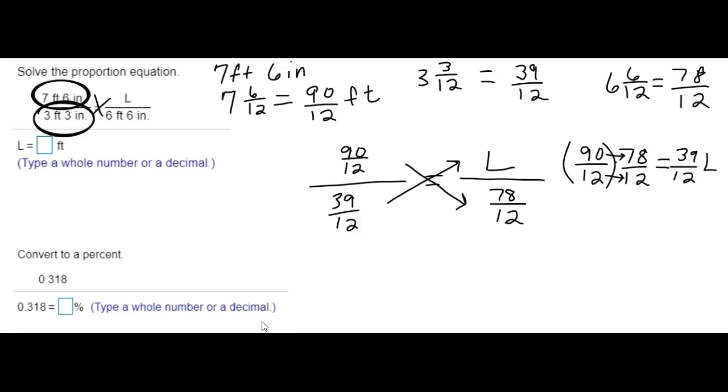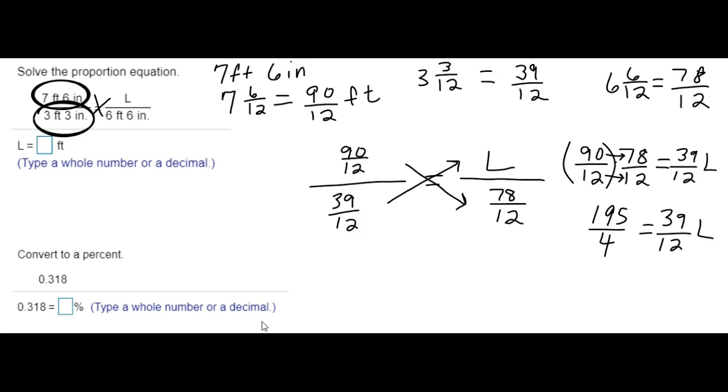When I do that, I get 48.75. So I'm going to hit the math button, the fraction, and convert this to get 195 over 4 equals 39/12 times L.